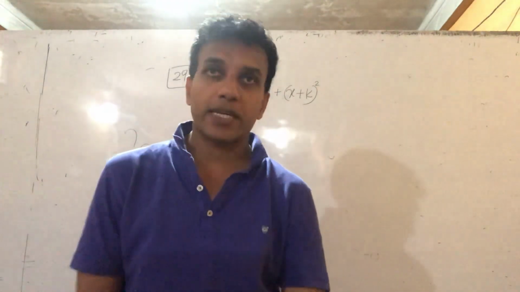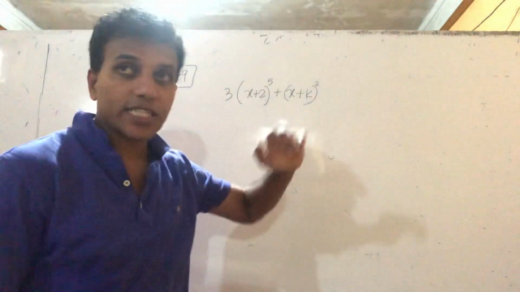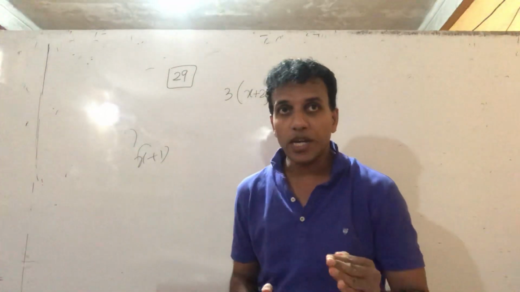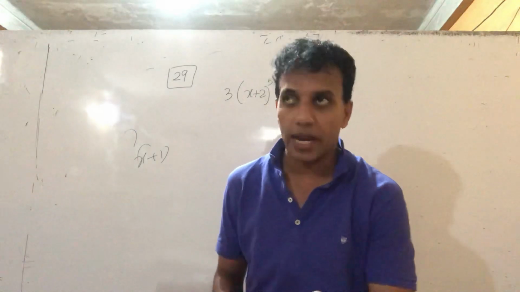Our ordinary method is to write the identity: the expression equals divisor times quotient plus the remainder.